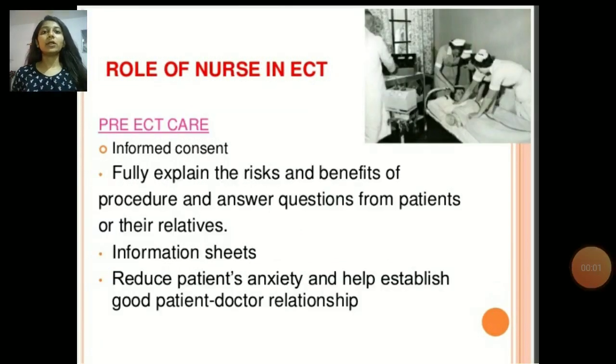Next, the most important role of the nurse in ECT. First, pre-ECT care: informed consent from the patient or the relatives, take signature on the consent, fully explain the risks and benefits of the procedure, and answer questions from the patient or their relatives. Next, give an information sheet to reduce the patient's anxiety and help establish a patient-doctor relationship.